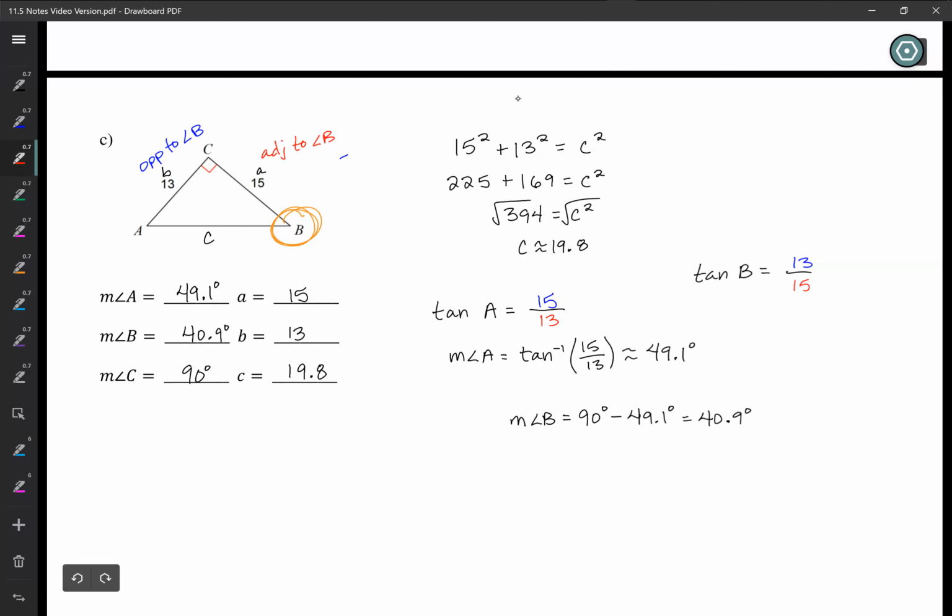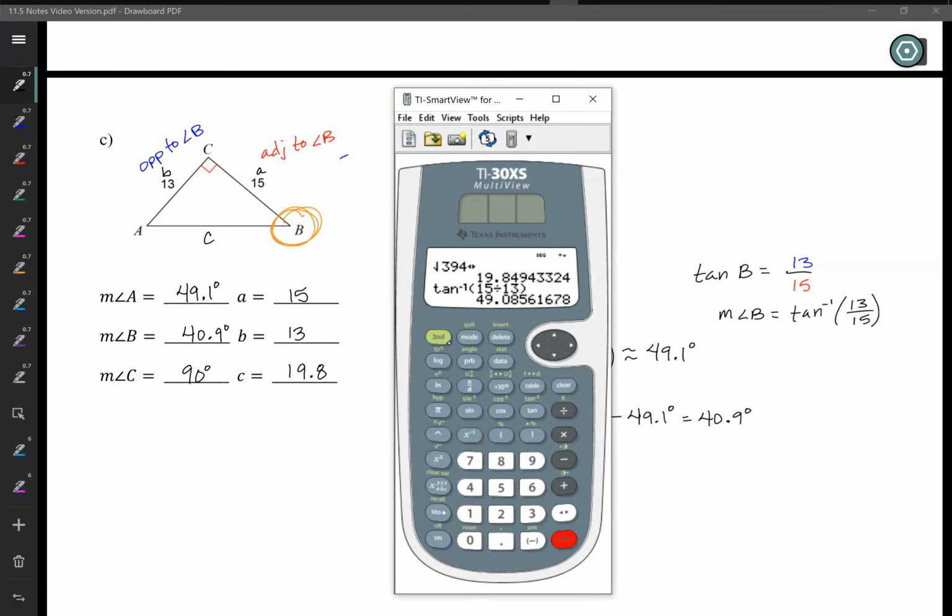So the tangent of A and the tangent of B are just flipped. So the measure of angle B would just be the inverse tangent of 13/15. And if I did everything right, I should get 40.9. And look, I do.